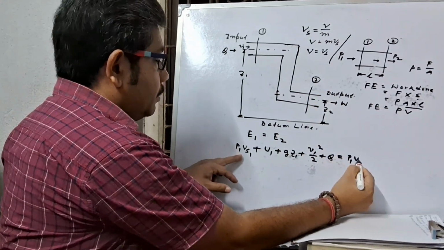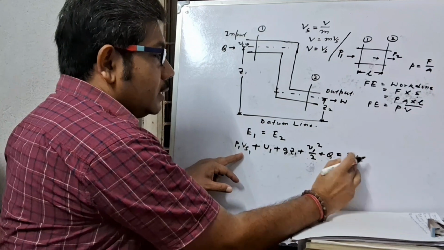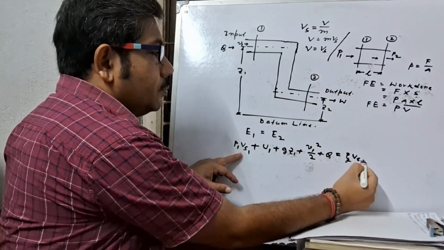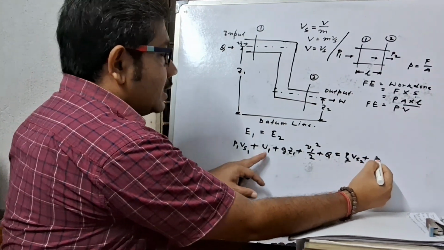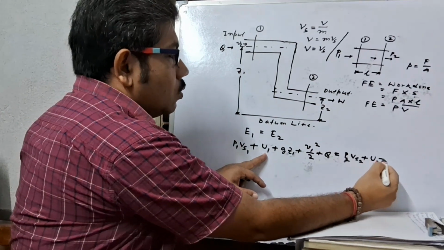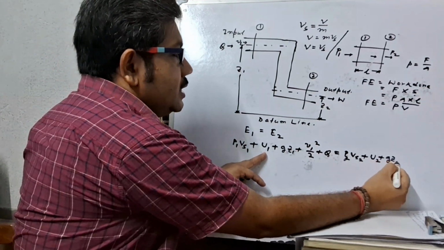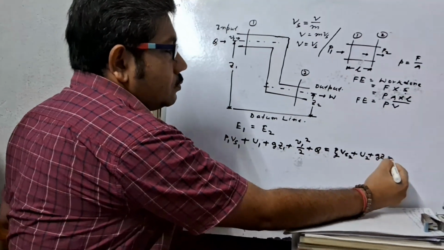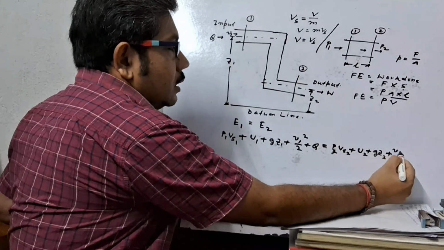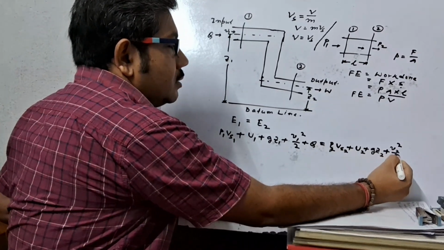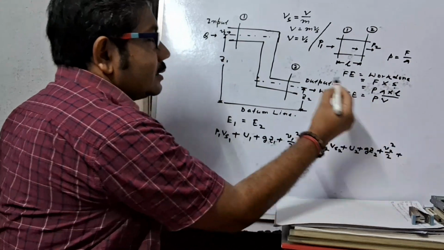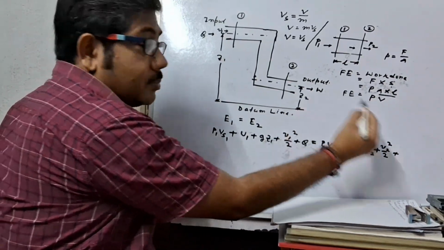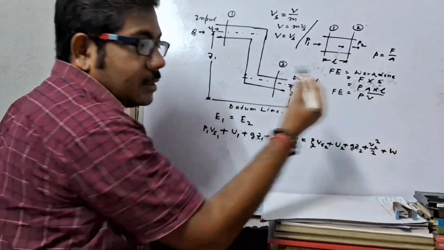So it is P2 VS2 plus U2 plus GZ2 plus V2 square by 2 plus এখানে কিন্তু তুমি ওয়ার্ক ডান পাচ্ছ. So this is work done.